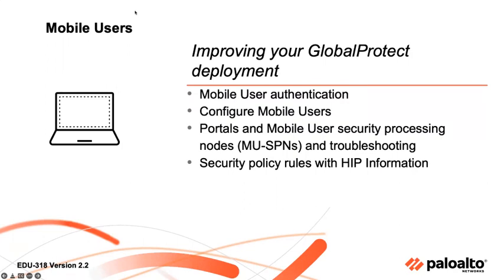We'll talk about the portals and mobile user processing nodes, the MUSPNs, similar to the GlobalProtect gateways with a physical deployment, and some troubleshooting and making sure everything's going okay. And then we're going to have a little section about host information profiles and creating security policy rules using host information. So let's dig in.